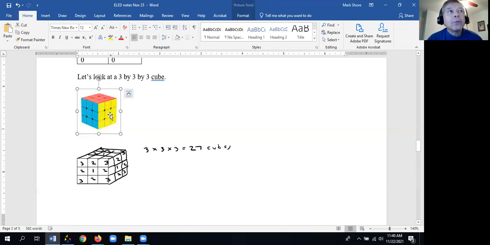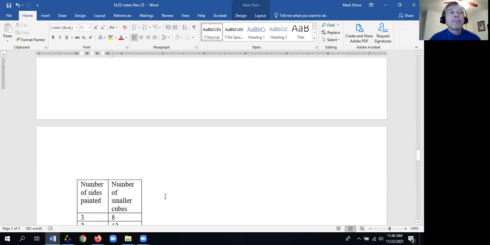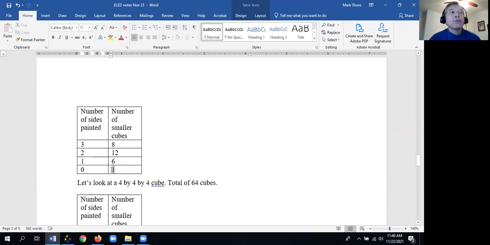Right here in this middle column, if you go across, there's 3 cubes. 1 right here that I would see, and 1 in the back that I would see, but there's 1 in the dead middle. So there's 1 cube that's in the very middle of this, which has no side painted. So there is 1 with no side painted.